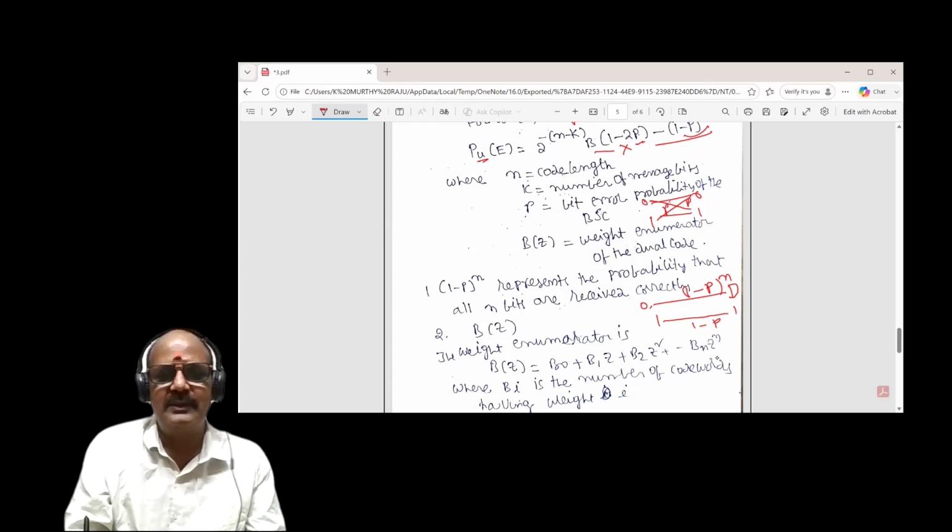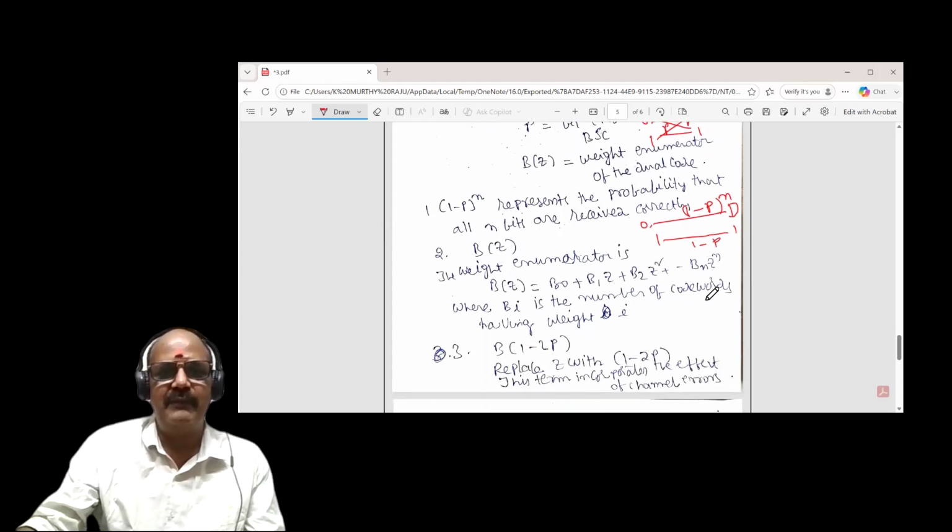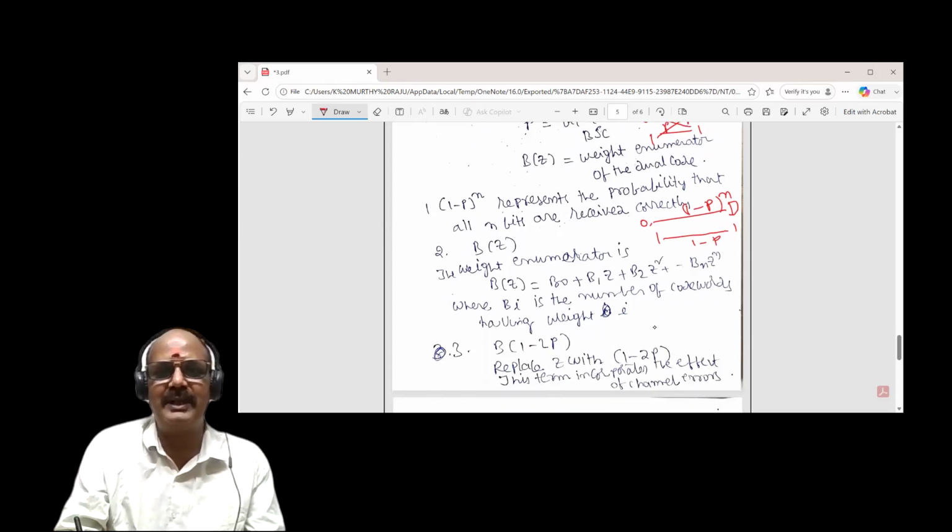Suppose the weight of some code words is 4. Therefore, the weight enumerator function is B4 z to the power 4, where Bi is the number of code words having weight i.